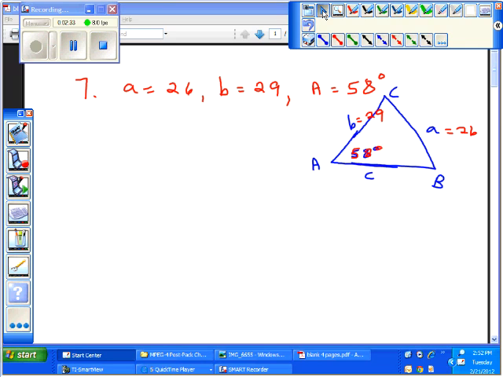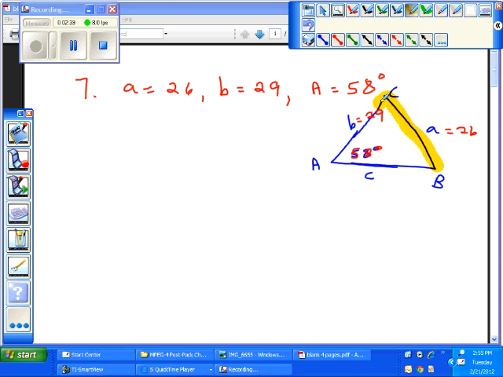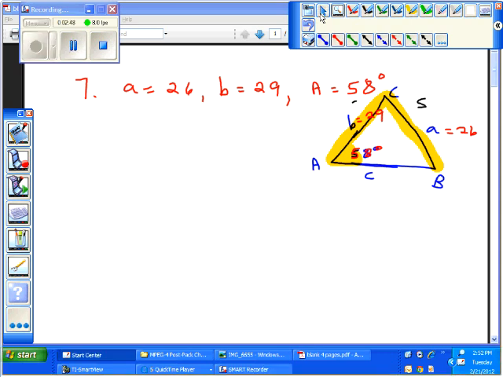There's our given information. And so what we were given is in the order side, angle. Side, angle. And we know that side, side, angle is the ambiguous case for the law of sines. That means possibly we could have two different solutions.